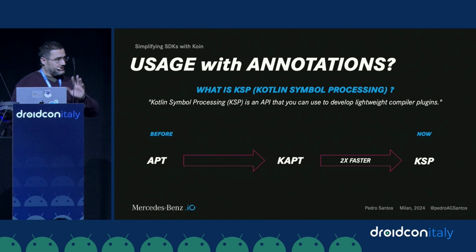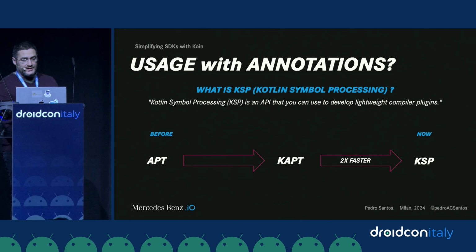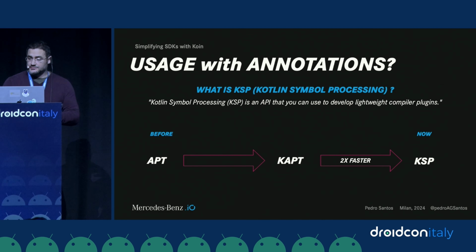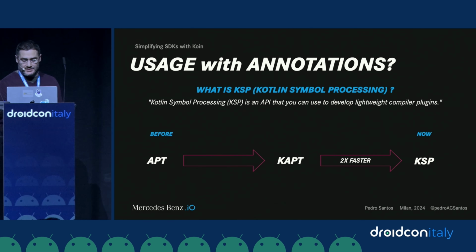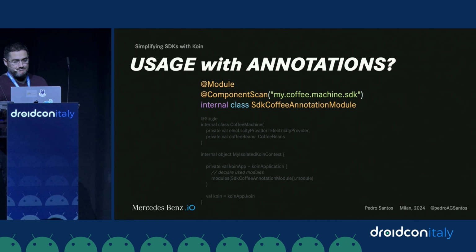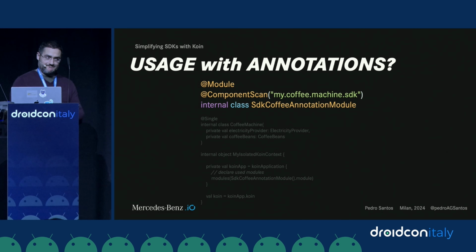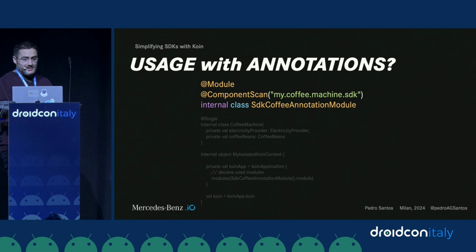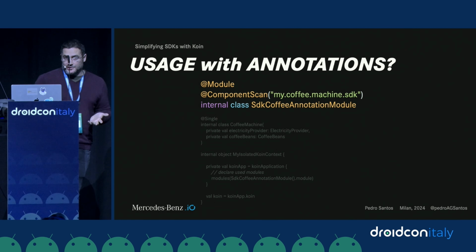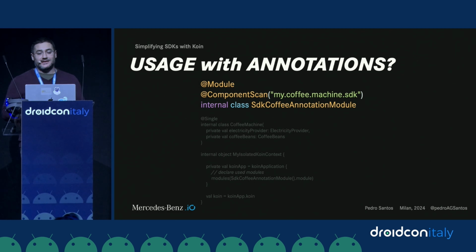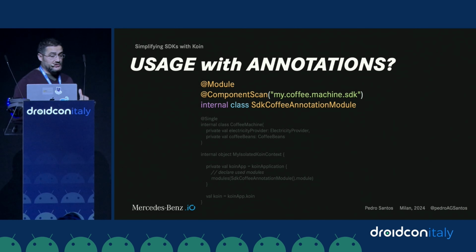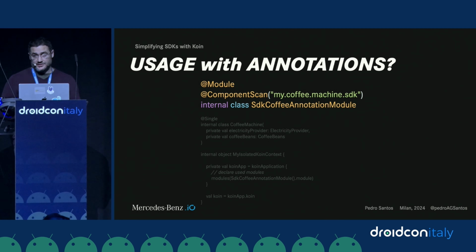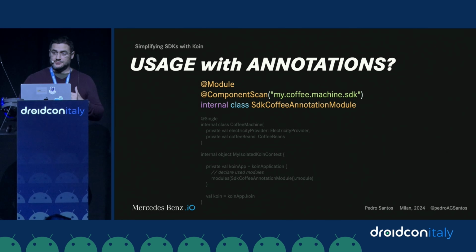So, okay, enough of history. We know that KSP is the Kotlin Symbol Processor, doing kind of the same thing as KAPT. Usage of annotations: you still need a module. In a normal scenario, in an app for Koin, you don't need to declare a module manually if you don't want to.